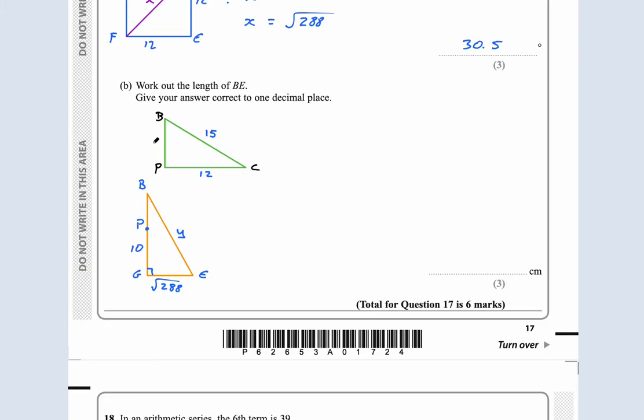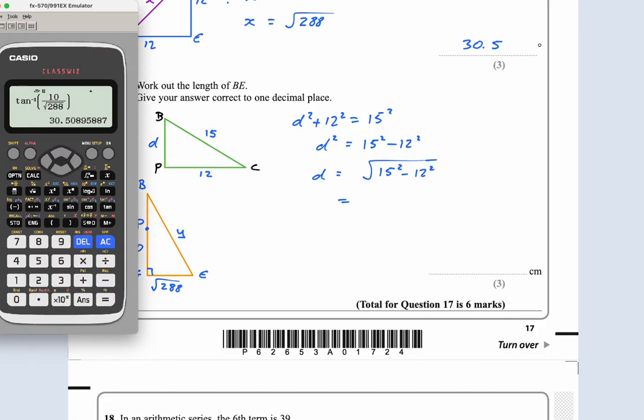I need to find PB. So let's call it D for distance. Remember, it doesn't matter what I call it. So Pythagoras' theorem, D squared plus 12 squared equals 15 squared. D squared equals 15 squared minus 12 squared. And then D is the square root of 15 squared minus 12 squared.